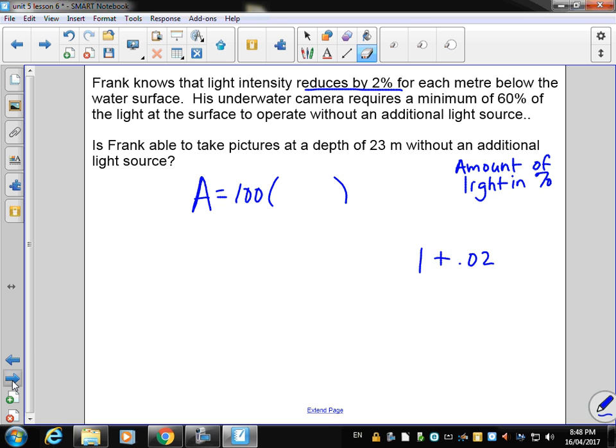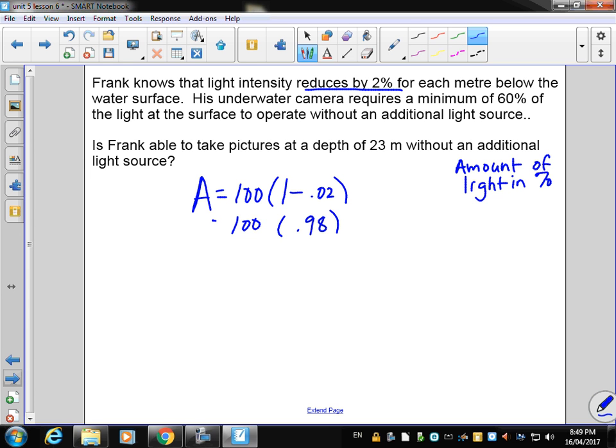So my rate of growth is going to be 1 subtract 0.02. Or you're keeping 98% of the light. I don't know if that explanation helps or hinders. Okay, so 1 subtract 0.02, and my x value would be the number of meters below the surface. I want to know what the percent is at 23 meters below.